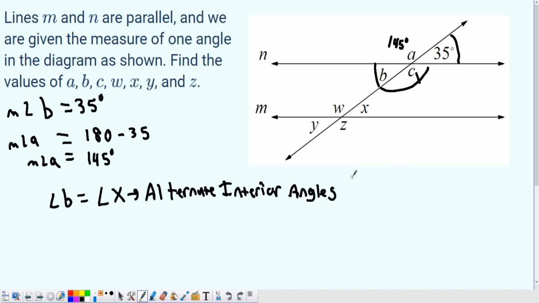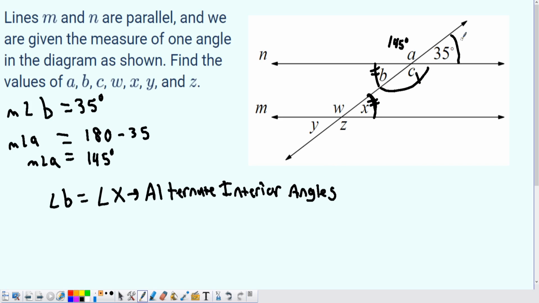So B, if we look at angle B, is on a different side of the transversal as X. Hence alternate interior angles. And they just happen to have this property where alternate interior angles are the same. This is just something super important to remember.